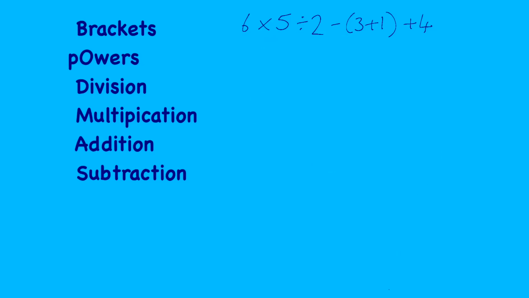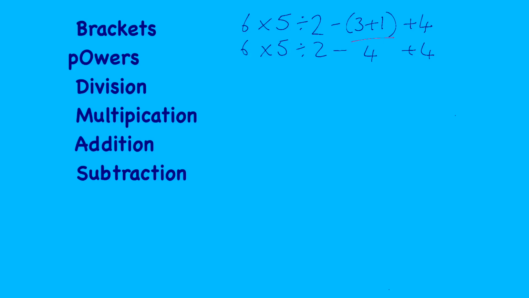Okay, so let's try this one. So the first thing you want to do is the brackets. So we're going to do 3 plus 1. So that will give us 4. And then I bring down 6 times 5 divided by 2 minus 4 plus 4. Are there any powers? No, there's not. So we go straight to division. Now, 5 divided by 2 is quite awkward.